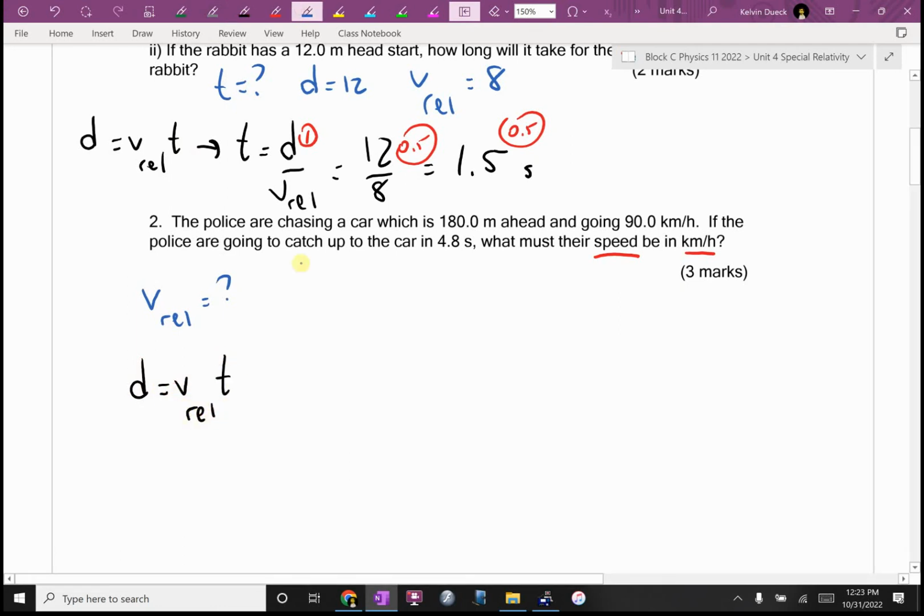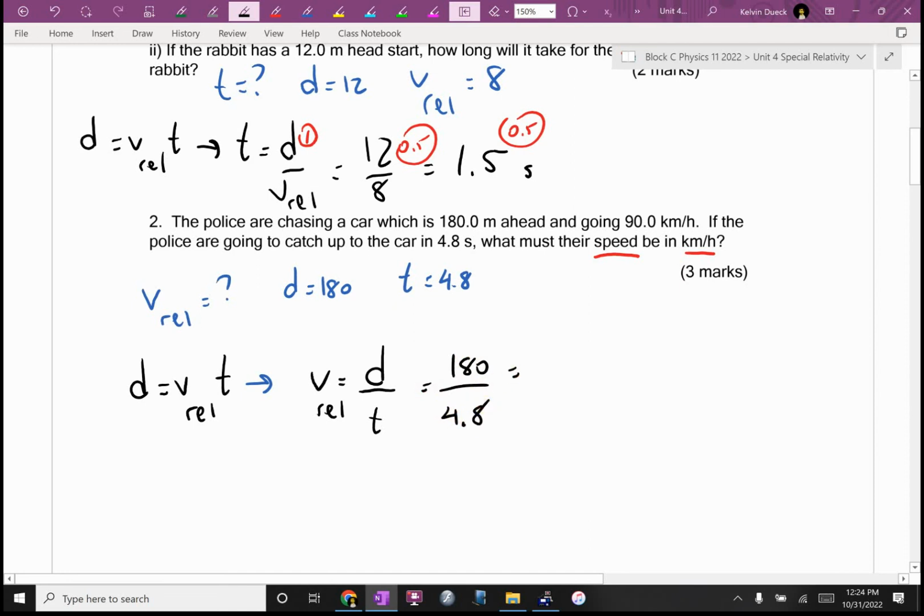So I said they must have told me a distance. Yep. They must have told me a time. Yep. So if I get the V by itself, V is going to be D over T, and that's relative speed. It's going to be 180 divided by 4.8.